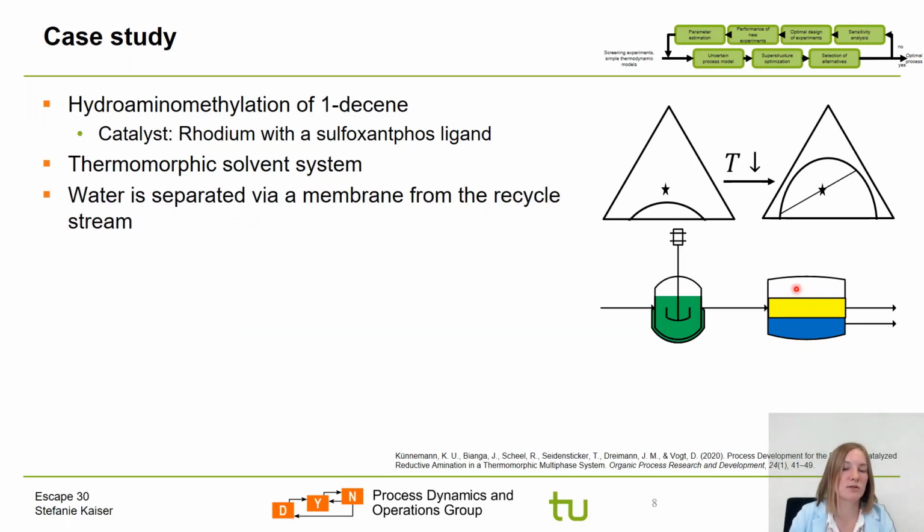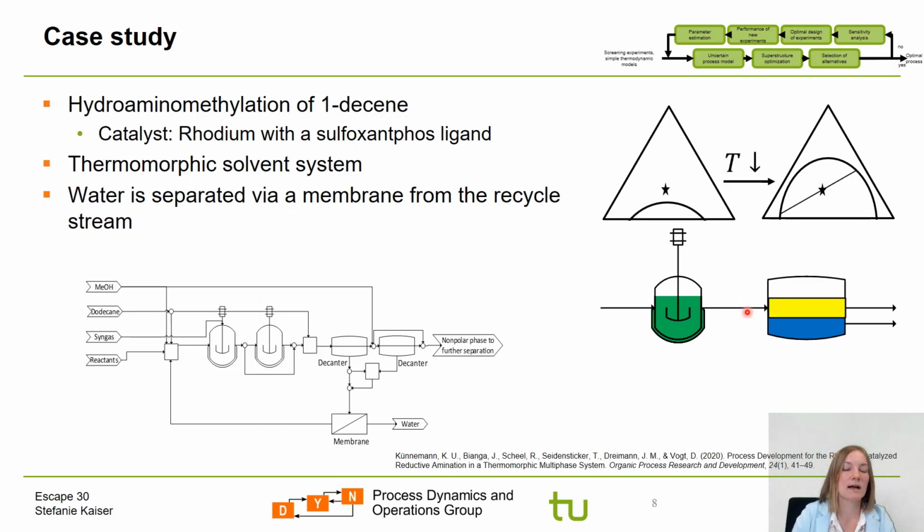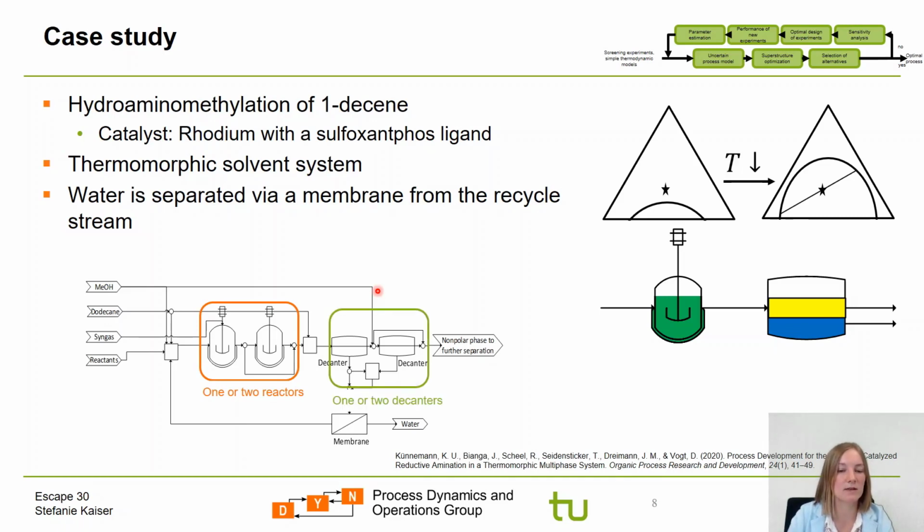And during the reaction, water is formed, and this water is separated by a membrane from the recycle. So here I show you the process alternatives of this process. We have 3 binary decisions. The first one is if 1 or 2 reactors are used. The second one is if 1 or 2 decanters are used.